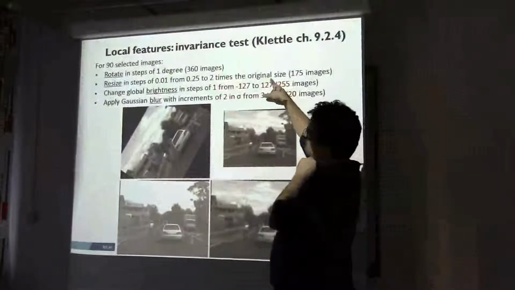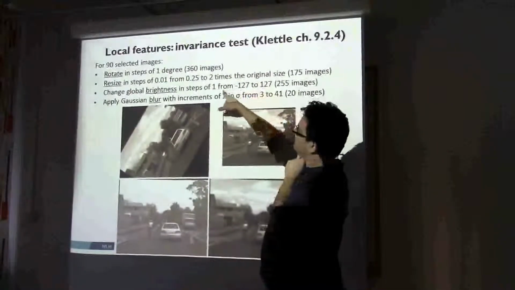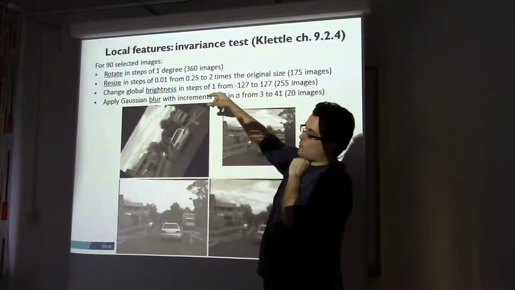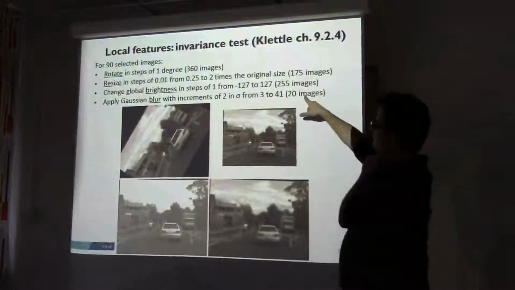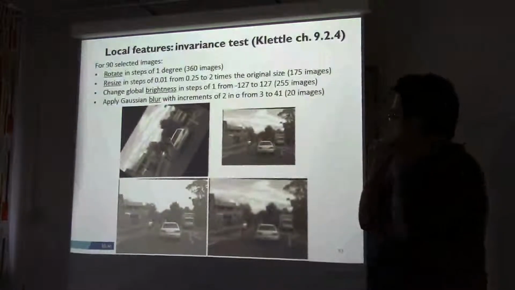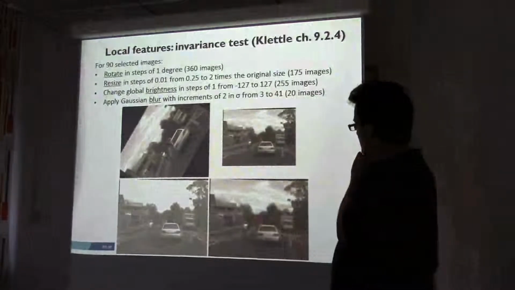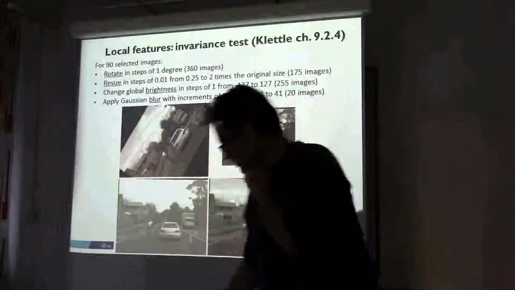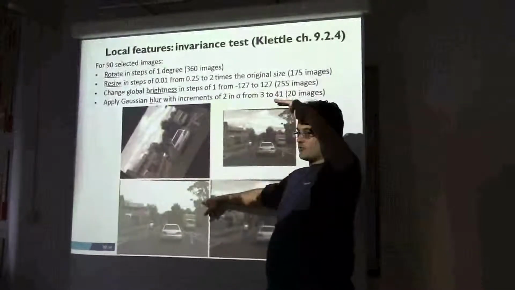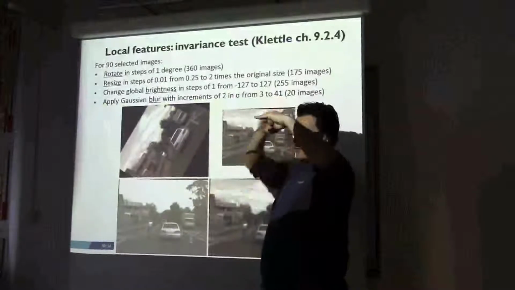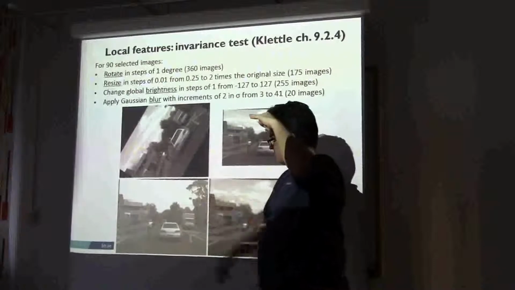There is change in scale, change in brightness by adding or subtracting 1 to all pixels in the image, and then Gaussian noise. This is an example of Gaussian noise. And this is adding values to the brightness, but you start to get a saturated image. So you start to have this effect.